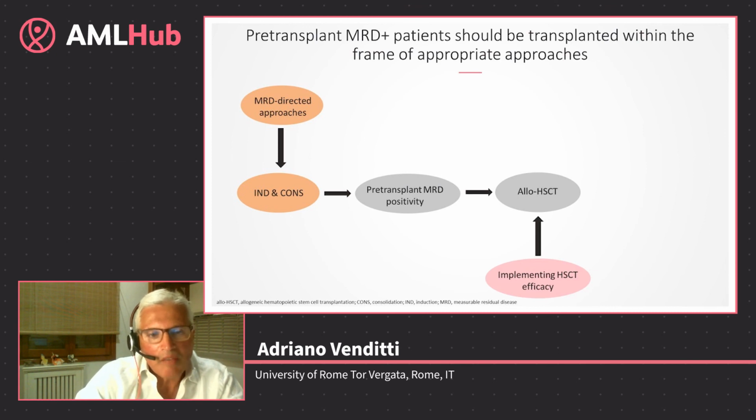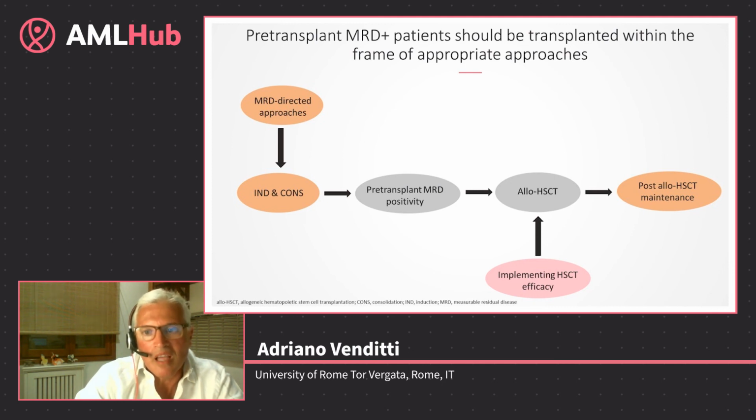We have a second level of intervention, implementing allotransplant efficacy, managing appropriately the conditioning regimen based on the data published by Chris Hourigan. And then a further level of intervention, which is the post-allogeneic stem cell transplant maintenance. We have a paradigmatic example from the use of FLT3 inhibitors after the transplant in FLT3 mutated acute myeloid leukemia.